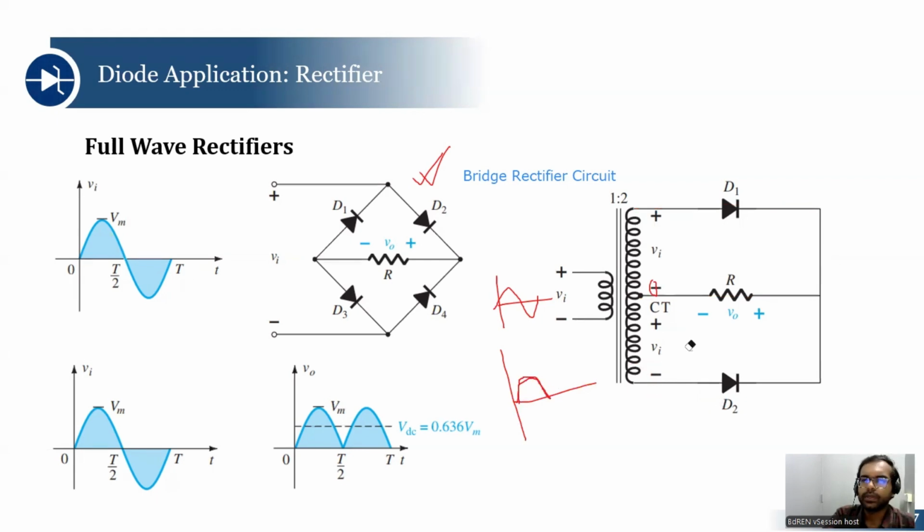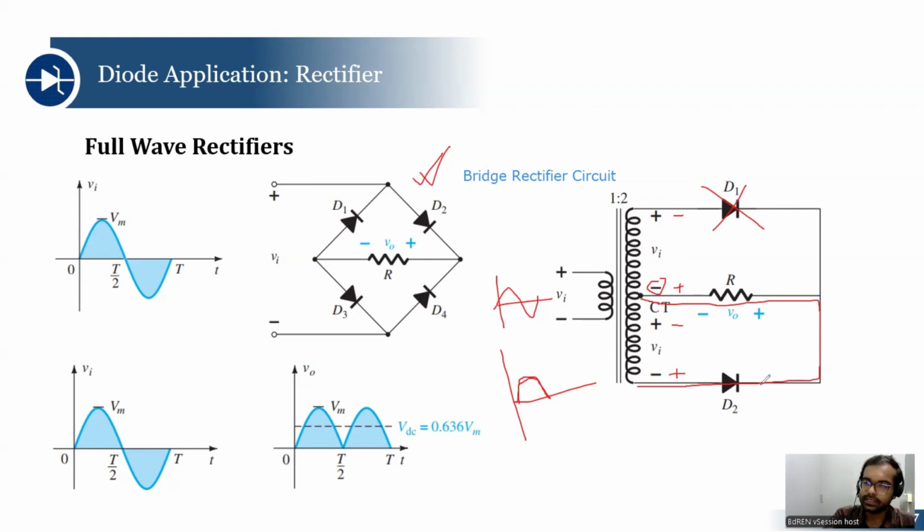Now, if we think about the negative half cycle, the terminals will be interchanged. So this will be positive, this will be negative, this will be positive, this will be negative. So you can see that in this scenario, diode D1 will be in reverse bias, but diode D2 will be in forward bias. So the current will flow through this diode, through this resistor, and reach this negative terminal.